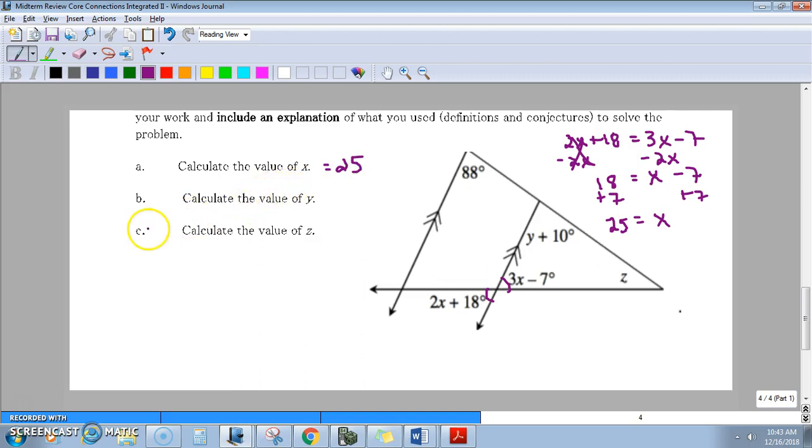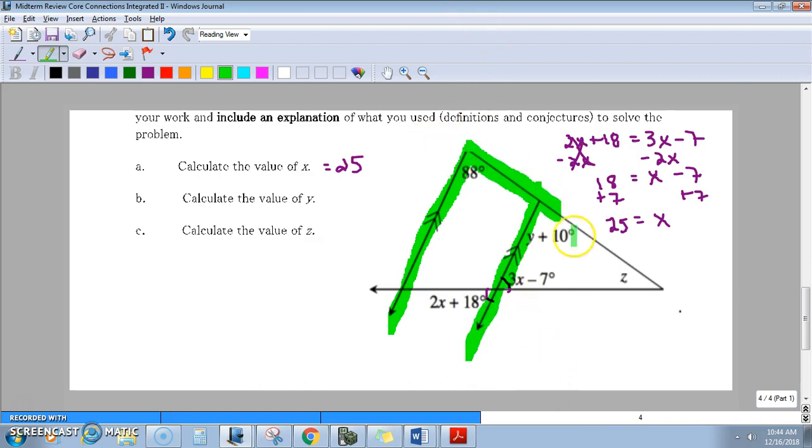But, and this will help me figure out, well, let's do y first. For y, what you need to understand is that the triangles are marked so that we know this line and this line are parallel, which means this line is a transversal, okay, which means that angle 88 degrees and this angle here are corresponding angles, so they are equal.